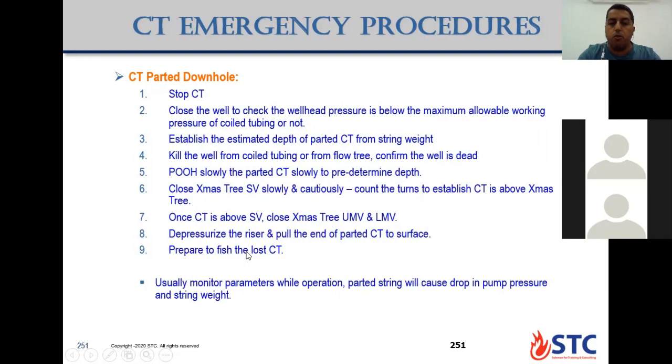Prepare for sure to fish the lost coil tubing. And the same here, a parted string will cause more drop in pump pressure than the leak point, and you need to check the string weight. So that's why, every 1000 feet, you need to make a pull test to check the pressures and to check the weight of the string.